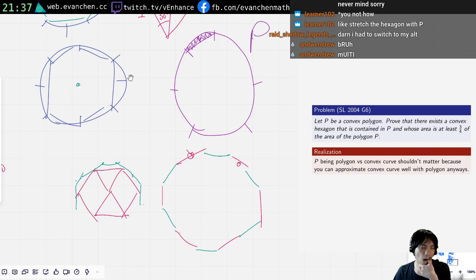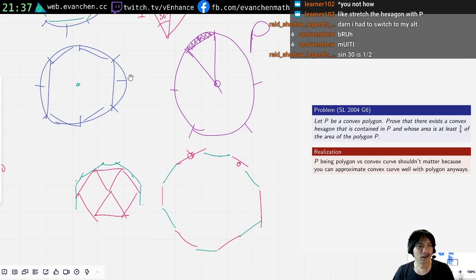Sine 60 is a half, right? I'm trying to think. Sine 30 is a half.